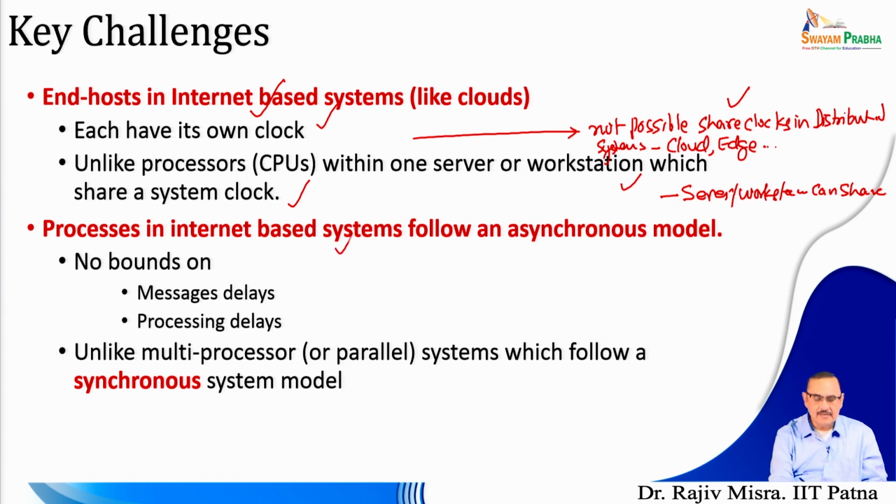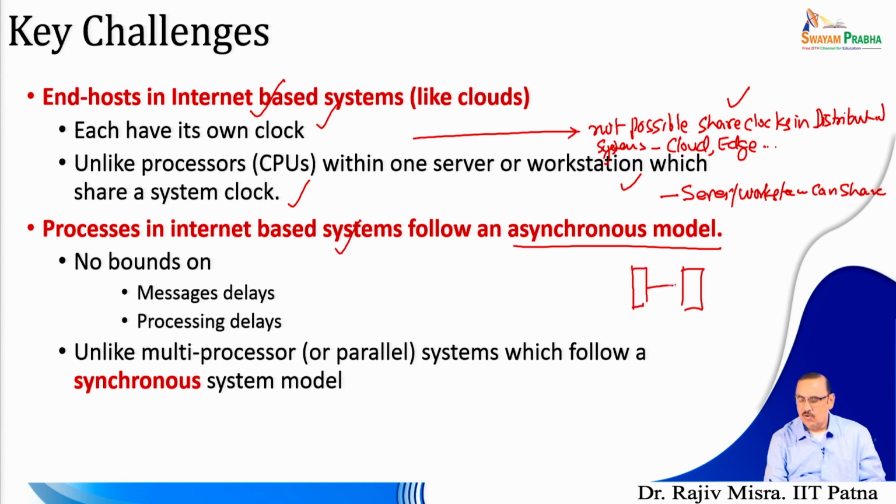The processes in an internet-based system follow an asynchronous model. So, what is an asynchronous model? For example, two systems which are communicating through messages in a distributed system follow an asynchronous model.